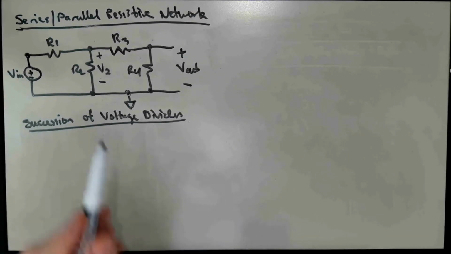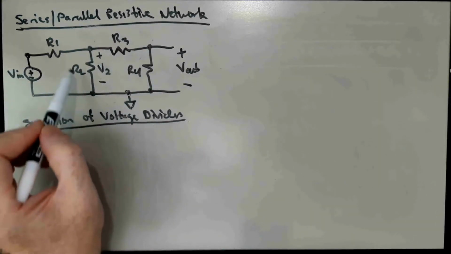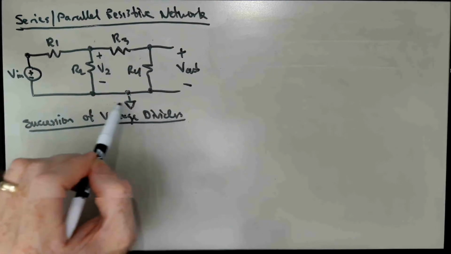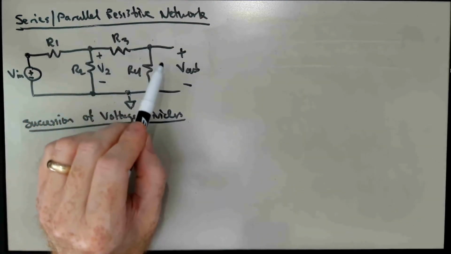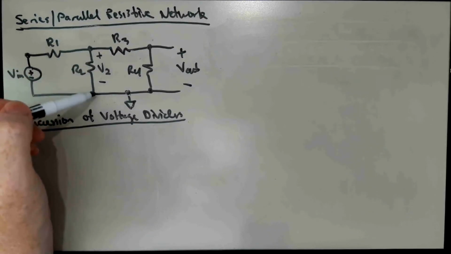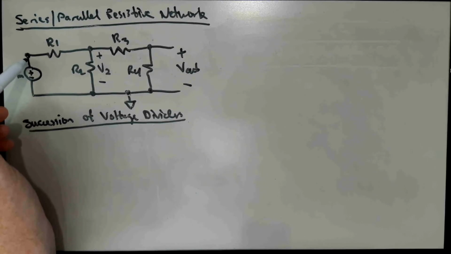But if I think about taking these three resistors, R2, R3, and R4, and if I were to collapse them all into a single equivalent resistor, then the voltage here, what I've called V2, would be something that I could write down as a two-way voltage divider from V in.